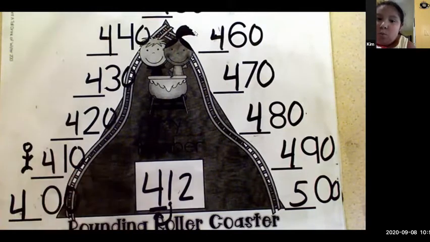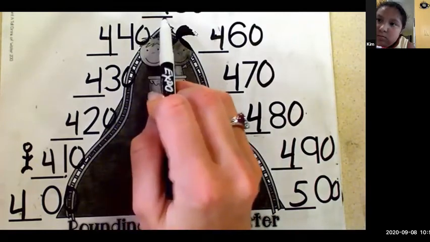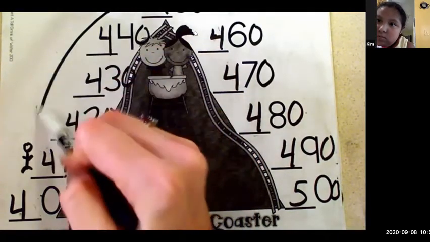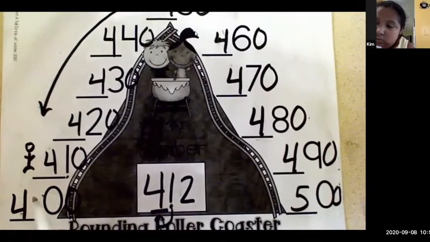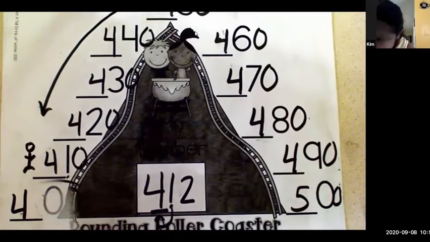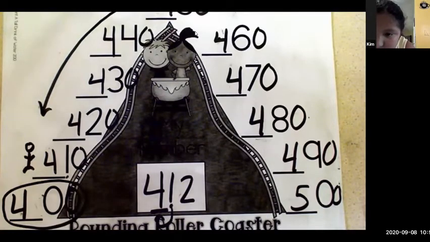So on my rounding roller coaster, I will identify where the 1 in the tens place is. If I look at my midpoint, this is before the midpoint. So we are rounding down or backwards to the lower benchmark number of 400.